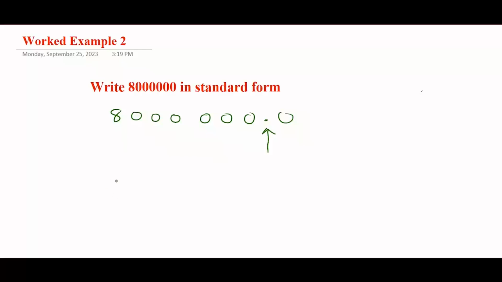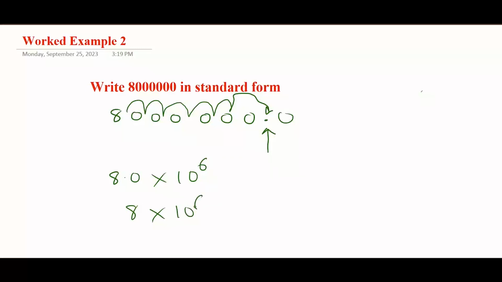So the standard form number is 8.0. Then if you count from here, 1, 2, 3, 4, 5, and 6. So that means the integer is positive 6. So we have 8.0 times 10 to the power of 6, which is the same thing as 8 times 10 to the power of 6.